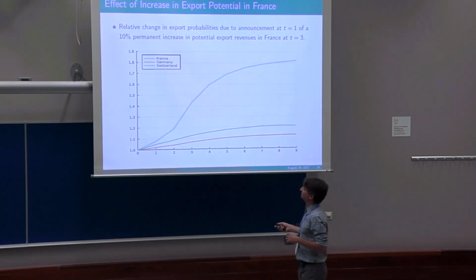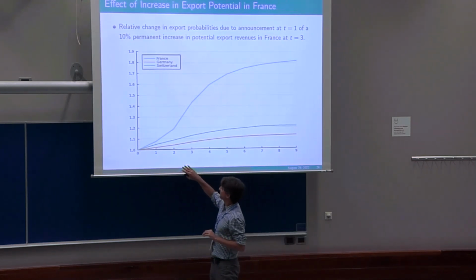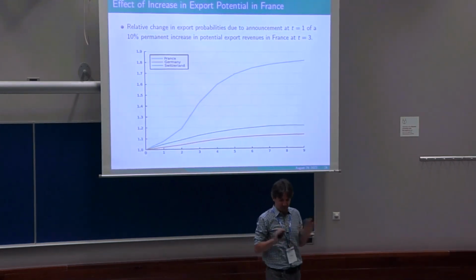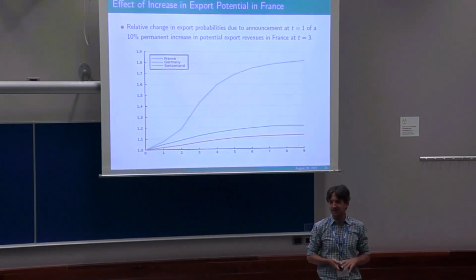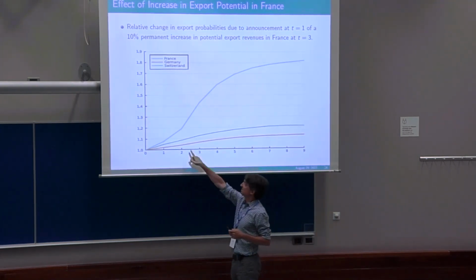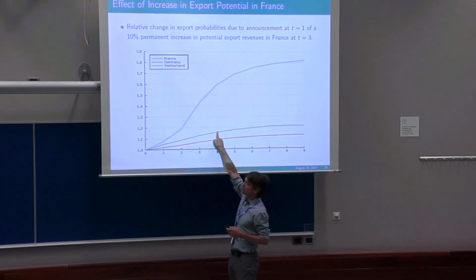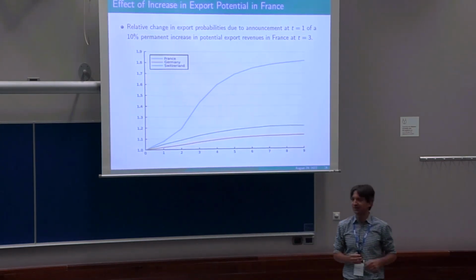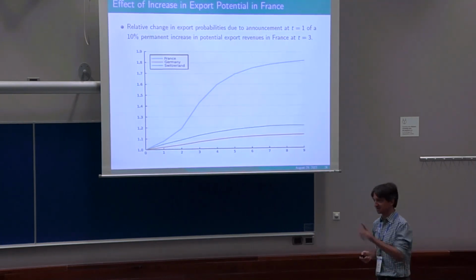And that's one point. The other one, I won't emphasize much, just in the interest of time: Germany and Switzerland haven't been shocked here. The only shock is to France. Their complementarities to France are basically the same, but Switzerland, in general, goes above, because there is a strong force in the model that small countries benefit much more from complementarities than large countries.